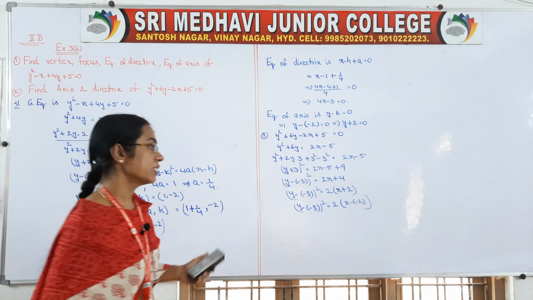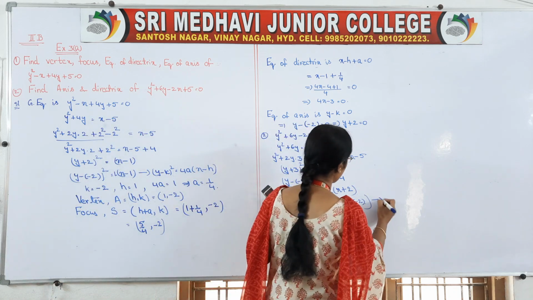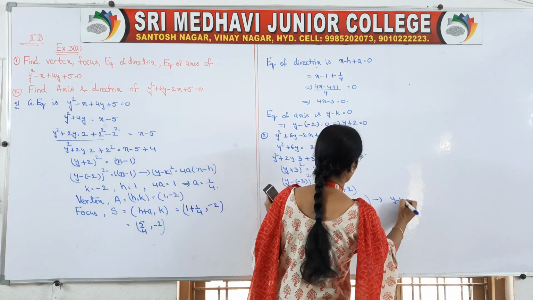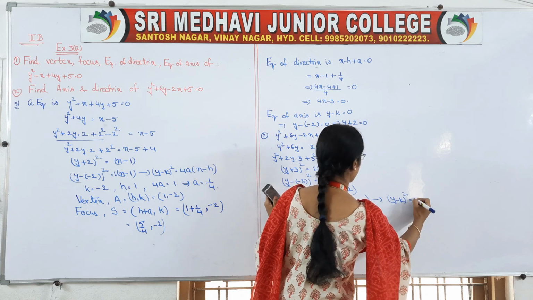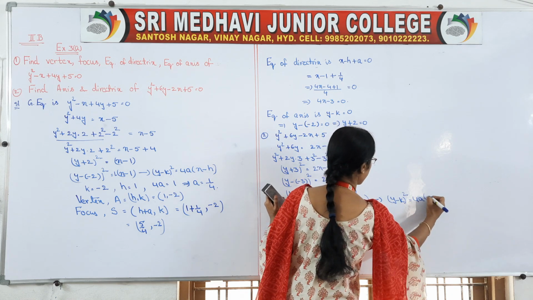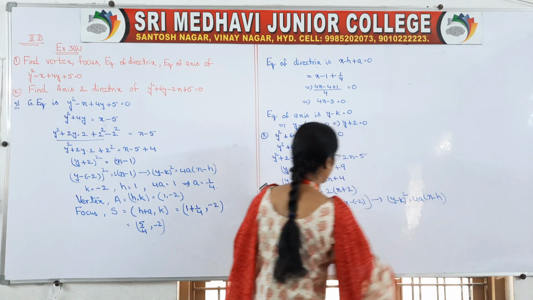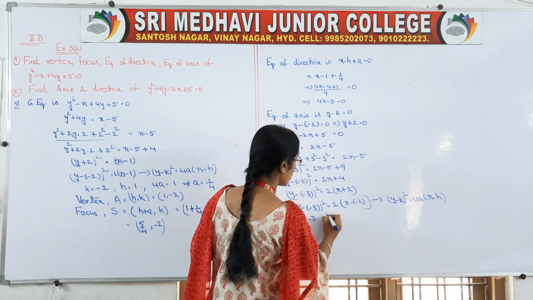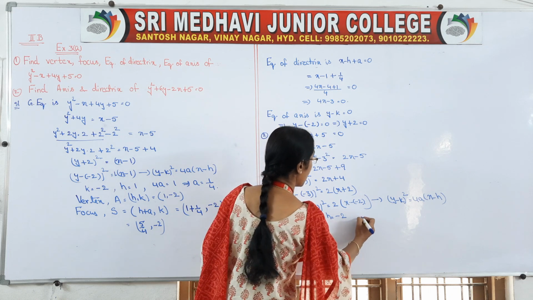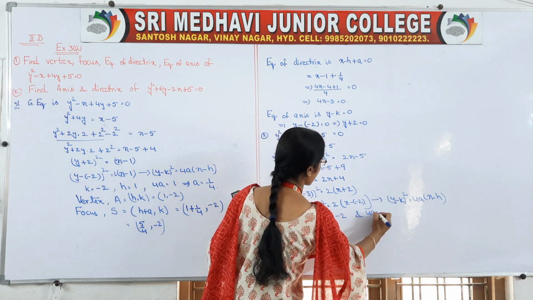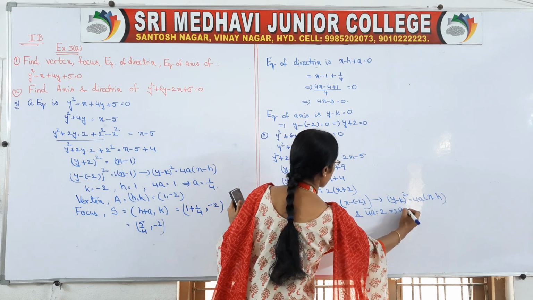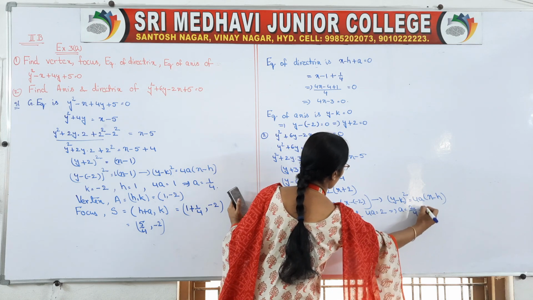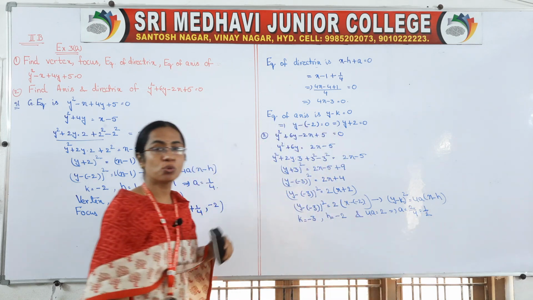Which is exactly in the form of y minus k whole square is equal to 4a into x minus h. So your k is equal to minus 3, h is equal to minus 2 and 4a is equal to 2, which implies a is equal to 2 by 4, that is 1 by 2.